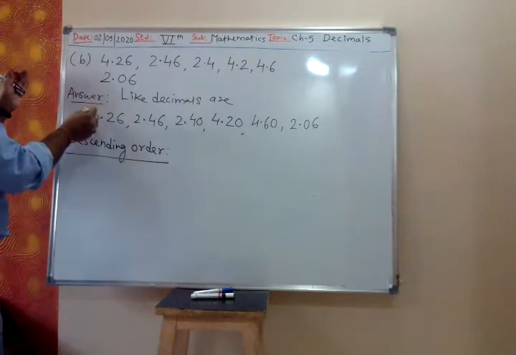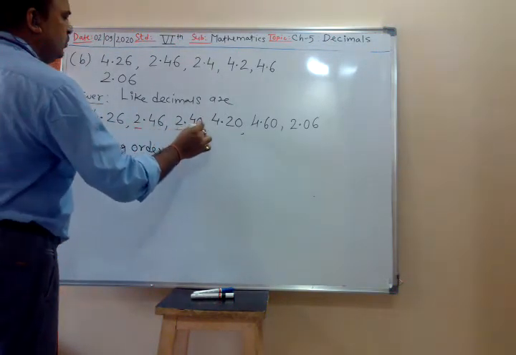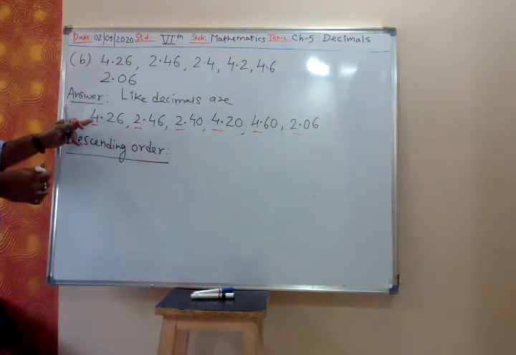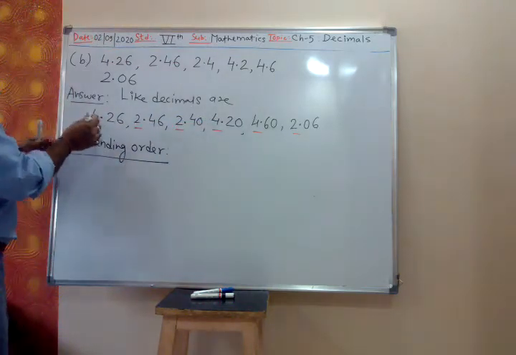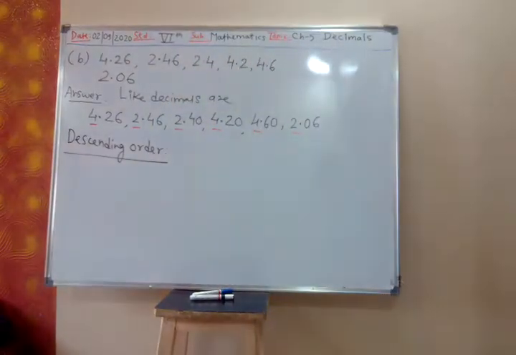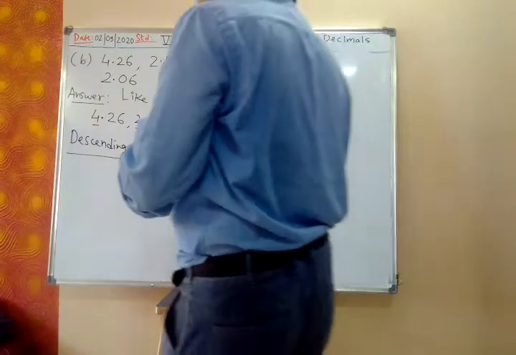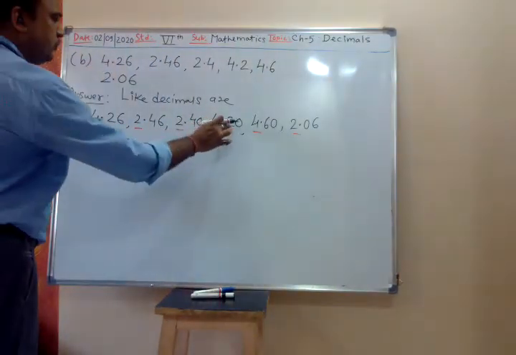So, compare the digit from left. 4, 2, 2, 4, 4, 2. So, 4 is bigger. I will compare 4, 4, 4. So, after decimal, we compare the digit. 4.26, 4.20, 4.60.